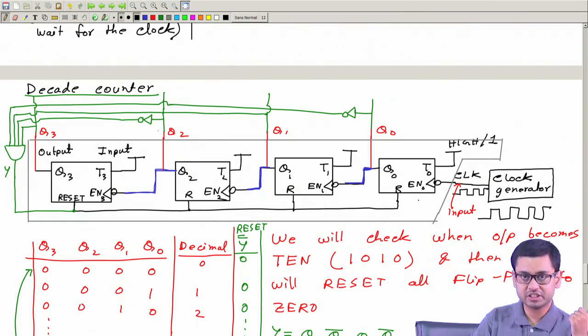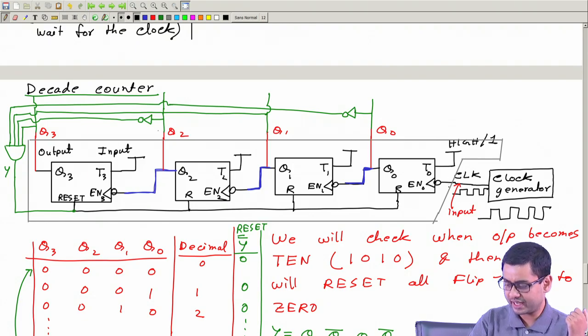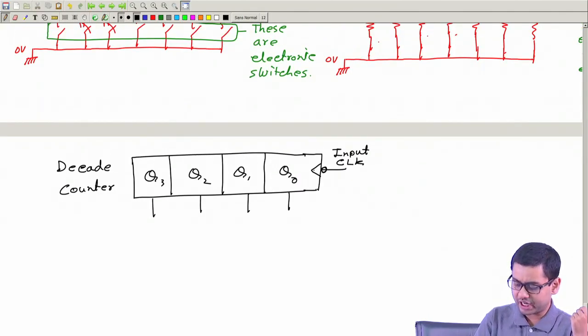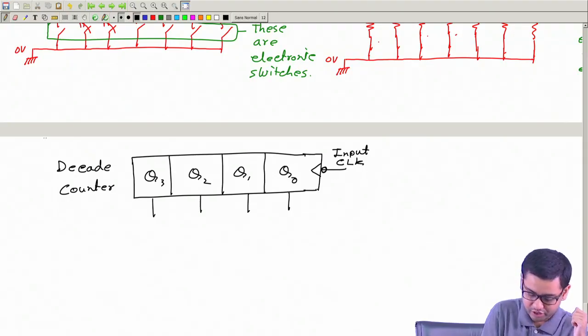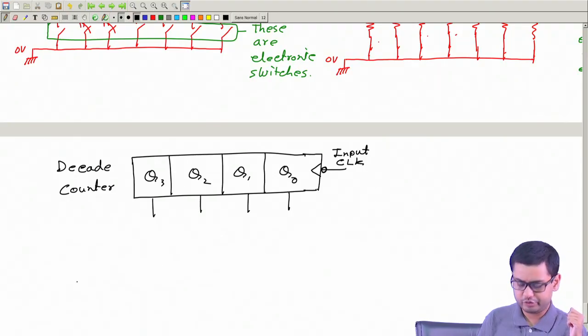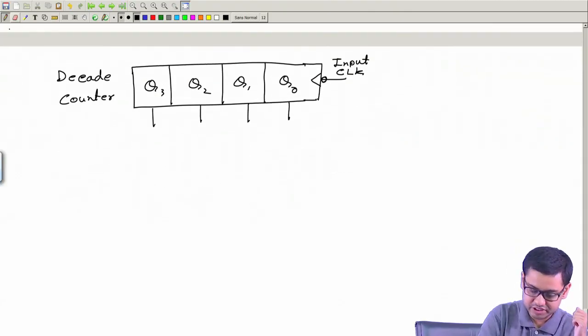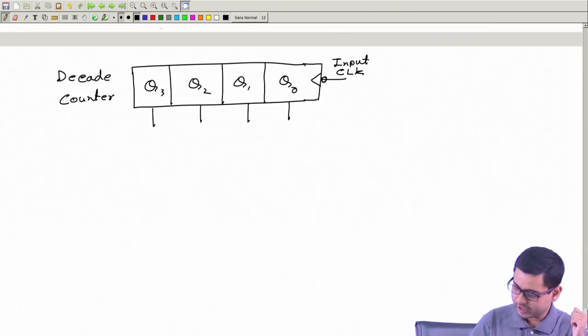This was a negative edge triggered counter, but by putting say a NOT gate here, I can also make it positive edge triggered. So depending on which type of counter I use, I put a bubble or not. So this is the symbol of a decade counter that I will use. Then after this we have seen this 7-segment display.